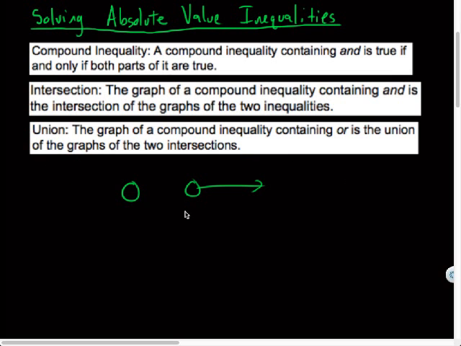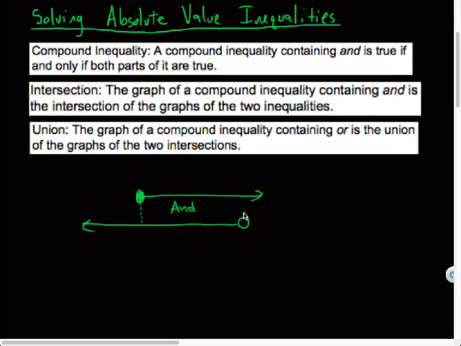And if I have a compound inequality with an intersection, say it's got to be greater than or equal to this point, and, my bad, less than or equal to this point. So if I have an "and" sort of relationship, the actual solution would be the intersection of these two graphs, where they coexist.